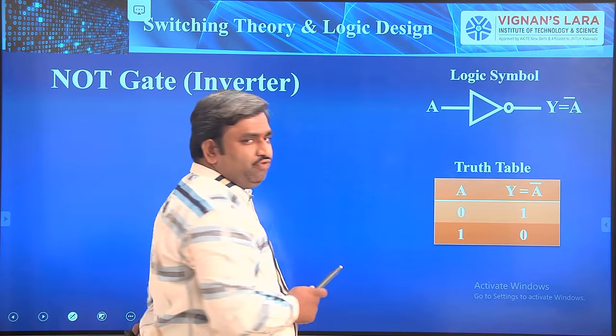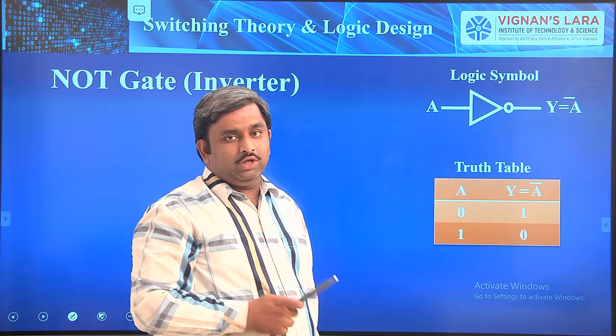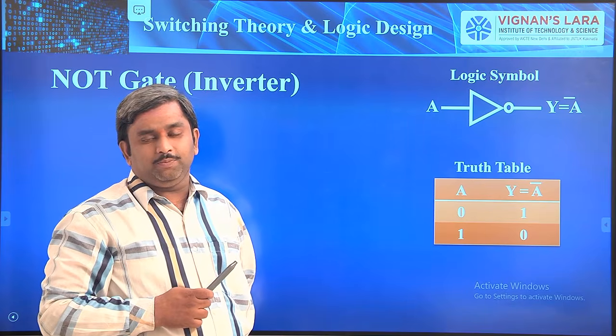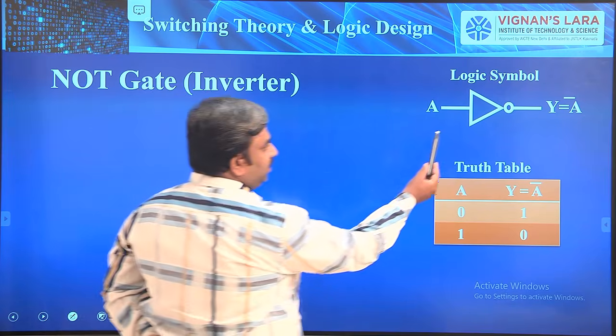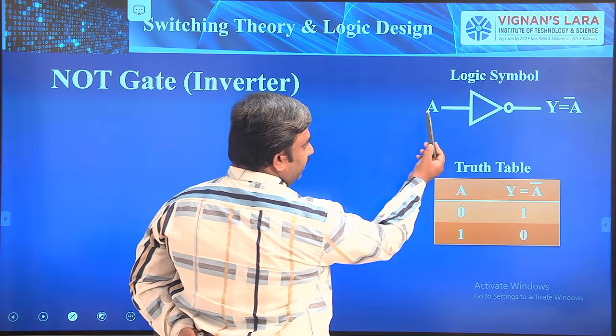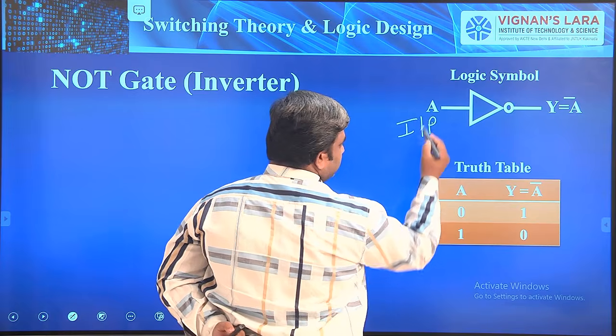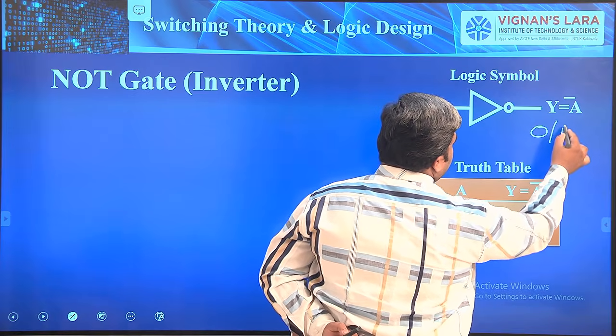This basic inverter operation we will see by using a truth table or functional table. This truth table generally consists of inputs and output. You give the input at this place and take the output at this side.